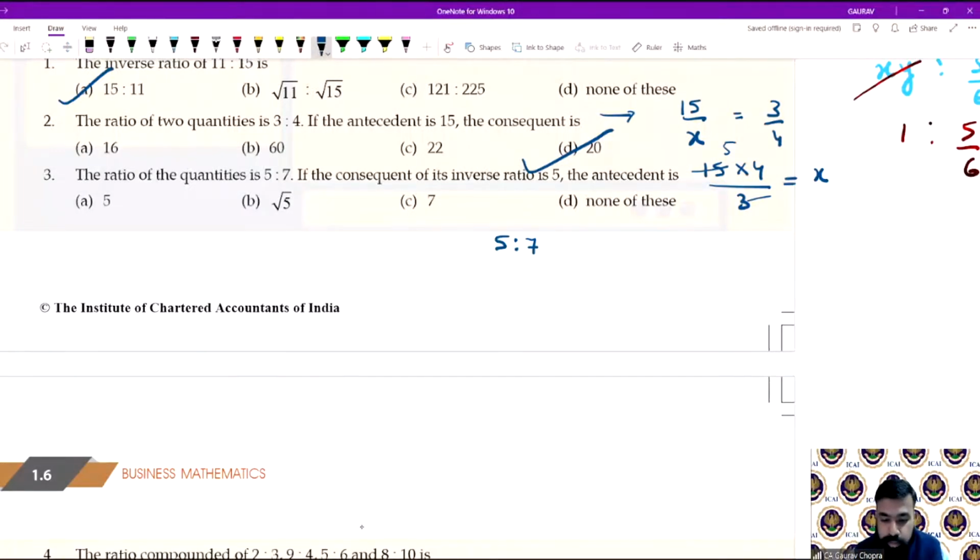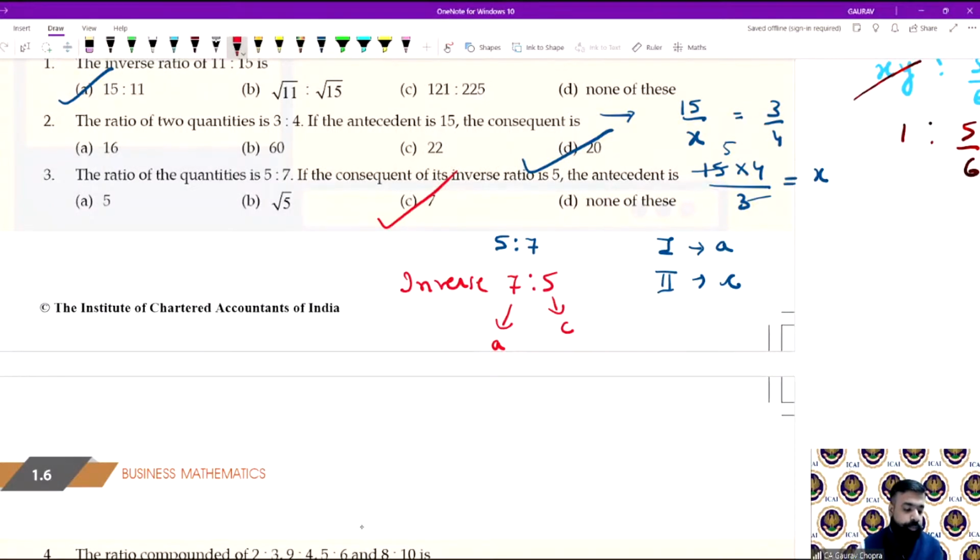We know that the first term is known as the antecedent and the second term is known as the consequent. So if we take the inverse ratio, it will be 7:5. Now the consequent is 5, so of course 7 will be the antecedent. Yes, 7 will be the correct answer.